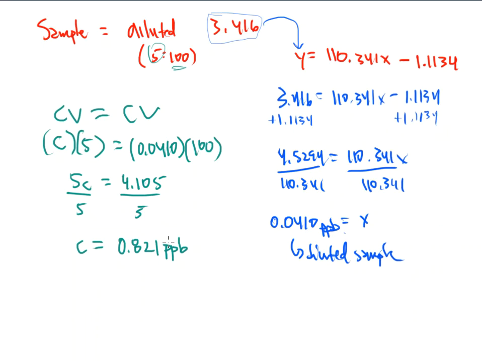You'll see a couple of those questions that will say, here's your signal, here's the regression line. What was the concentration of the original if we diluted this way? And keep in mind the colon. The 5 to 100, that's what that means. So it's giving you a shorthanded, abbreviated notation of how to dilute these samples.